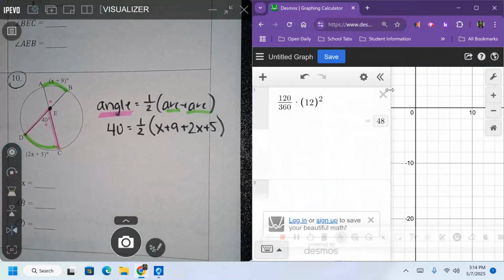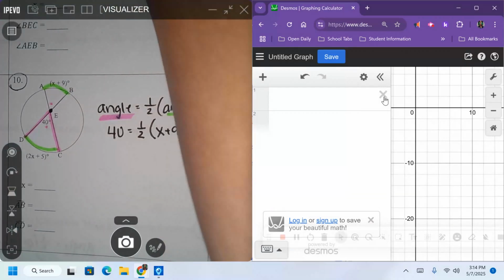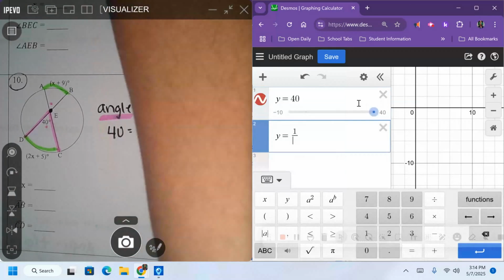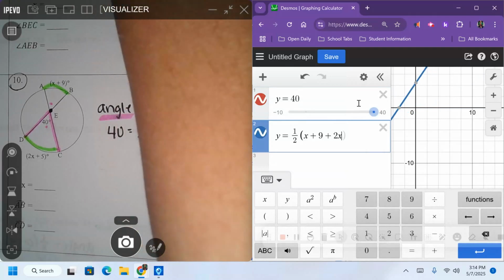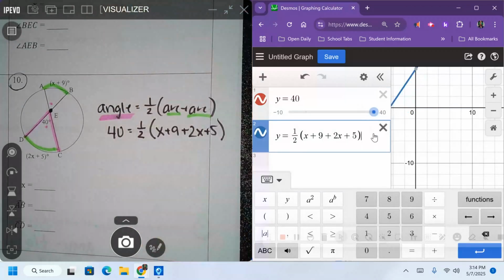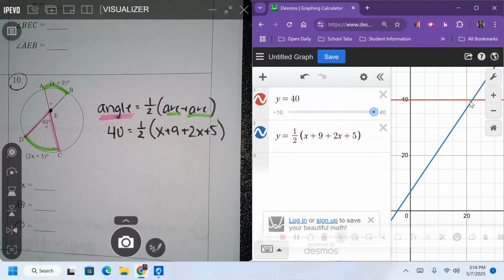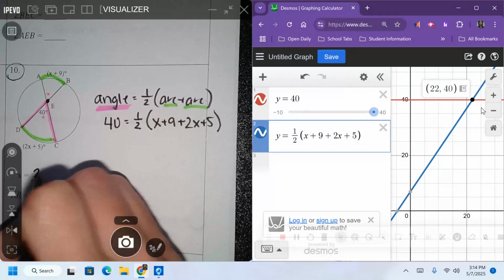And you can go here and you can say y equals 40 and y equals 1/2 x plus 9 plus 2x plus 5. Okay, so notice this is the left side, or right side, this is the left side. And then when we're here, we can find where they cross. Okay, so x is going to be 22.